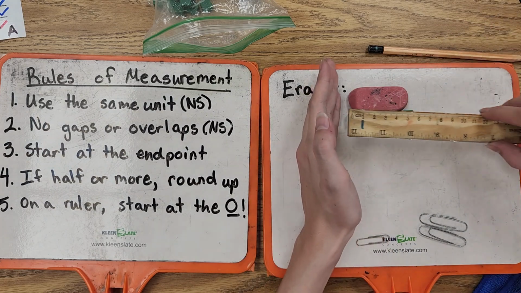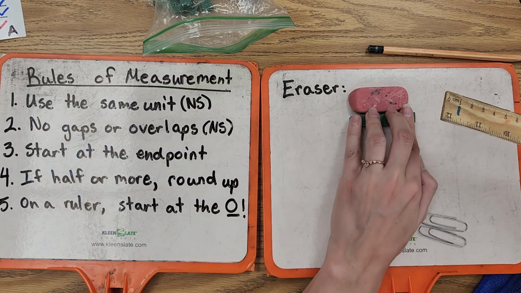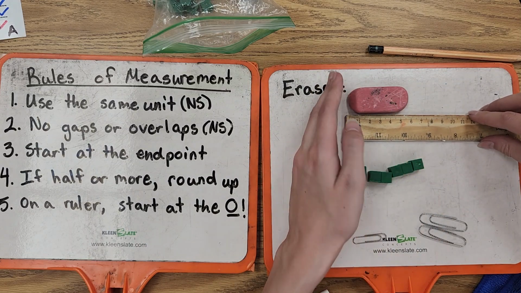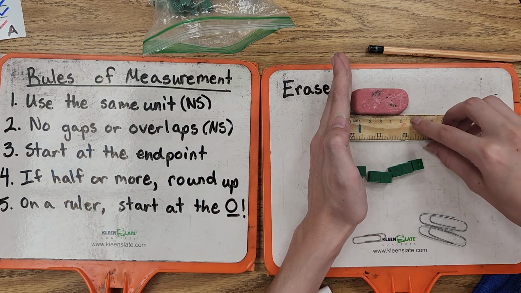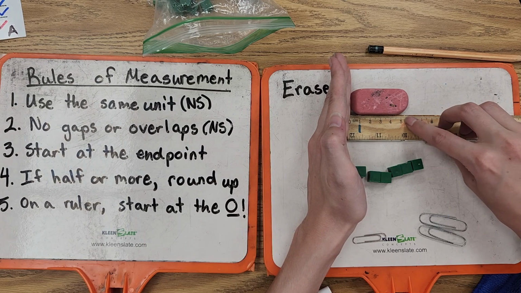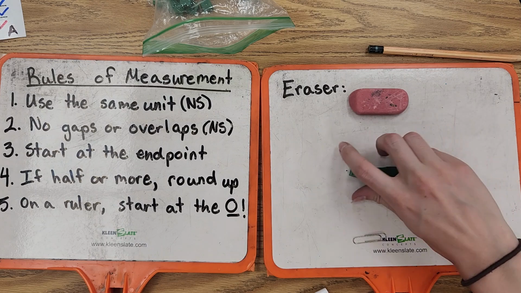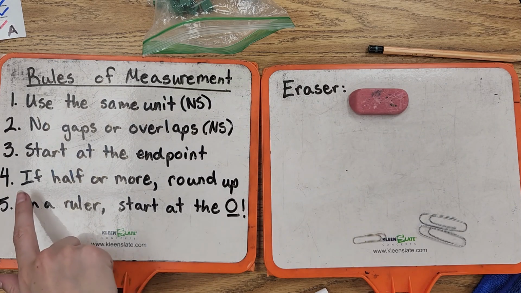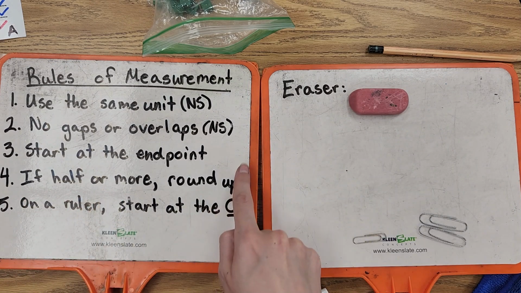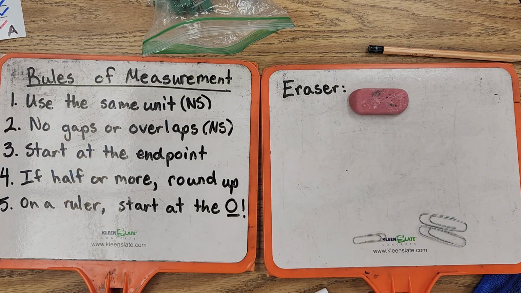If I were to measure it with my ruler, line it up, it reaches that halfway mark, we're going to go up to the 6. We don't do those halves and other fractions that are on the ruler yet at this time. So that's very important: if it's half or more, you go up to the next number on measurement.